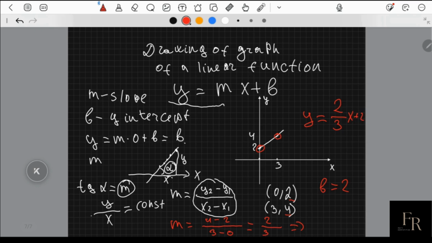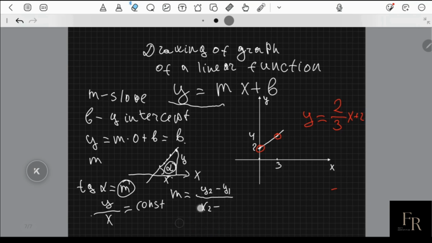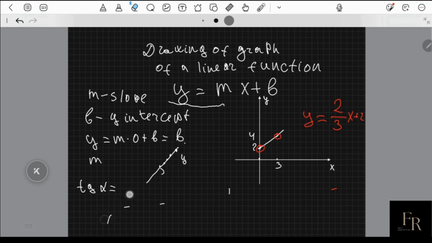So let's do the reverse and try to draw this line. In the last lectures, we already learned how to draw a graph. We could use the old method: just find 2 different points based on this formula and draw the line. But let's not do that. Let's do it a little differently.